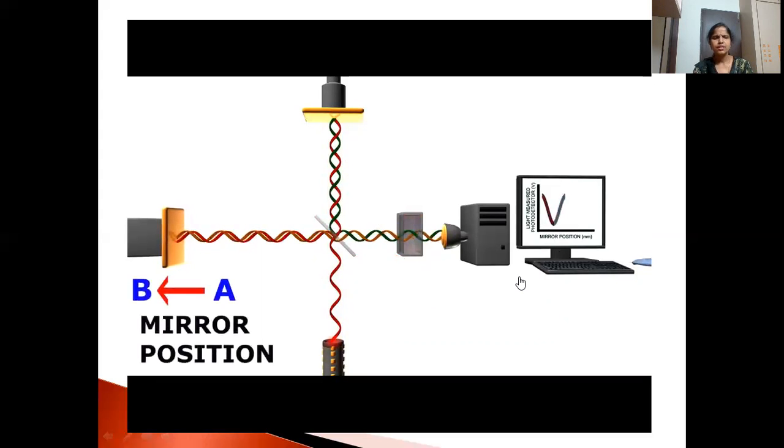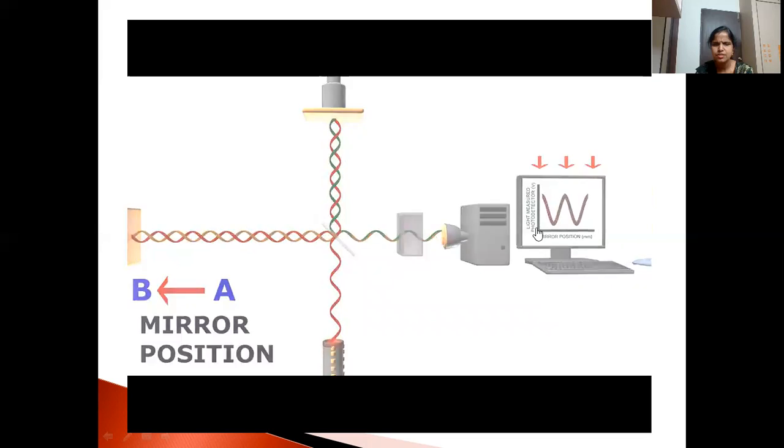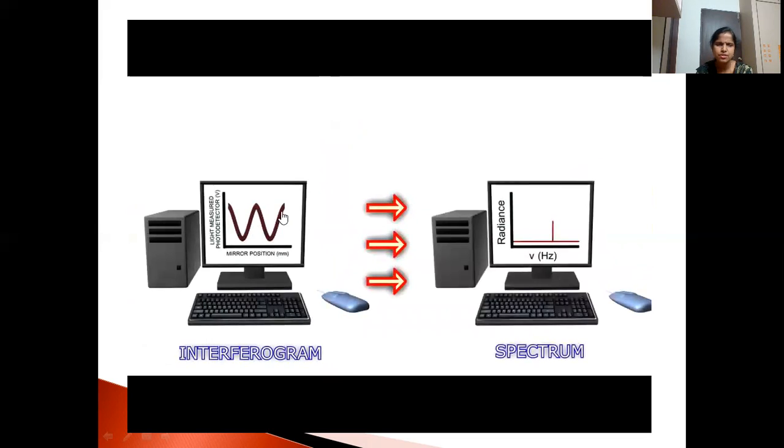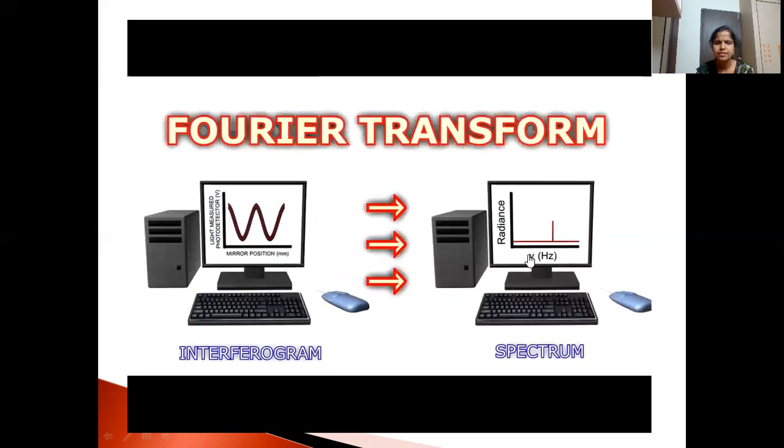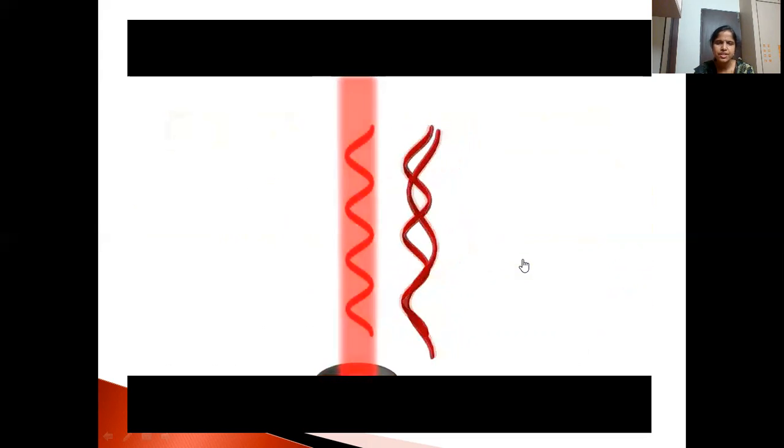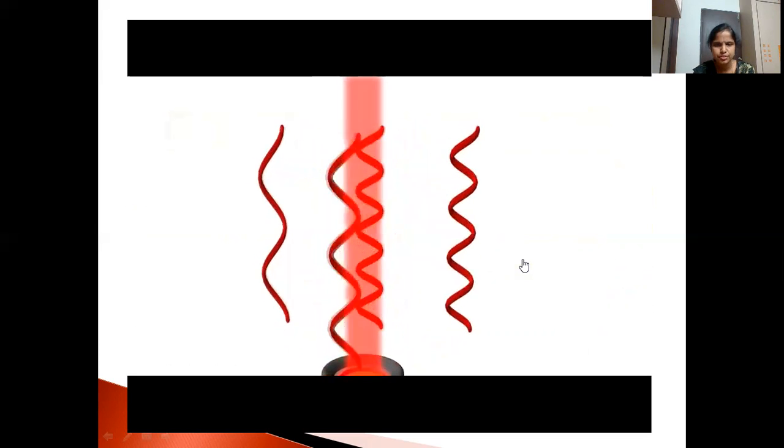This way, when the mirror is moving from A to B, again we get constructive interference, that is, transmittance will be more, then the transmittance again decreases. This way the spectra will be recorded. Whatever radiation source we take, it will have different wavelengths of light in it.